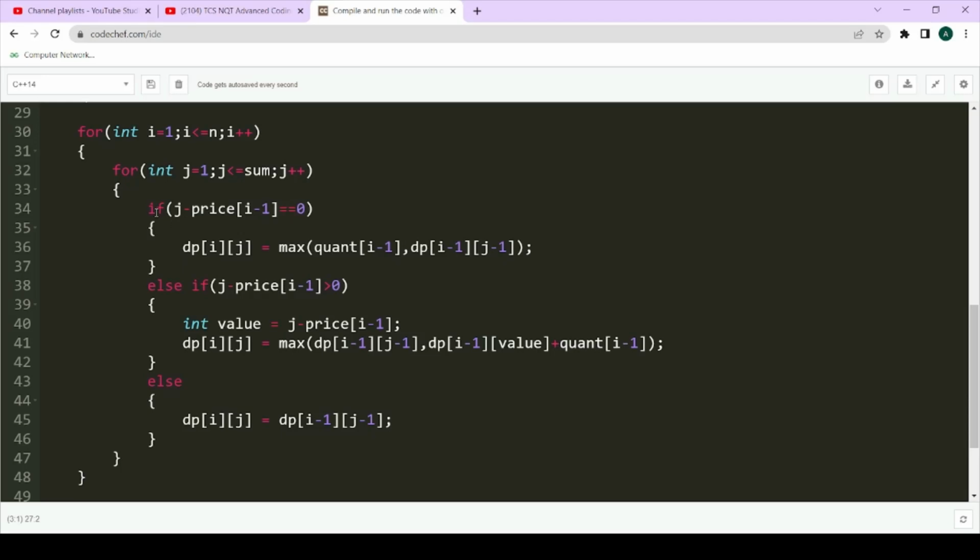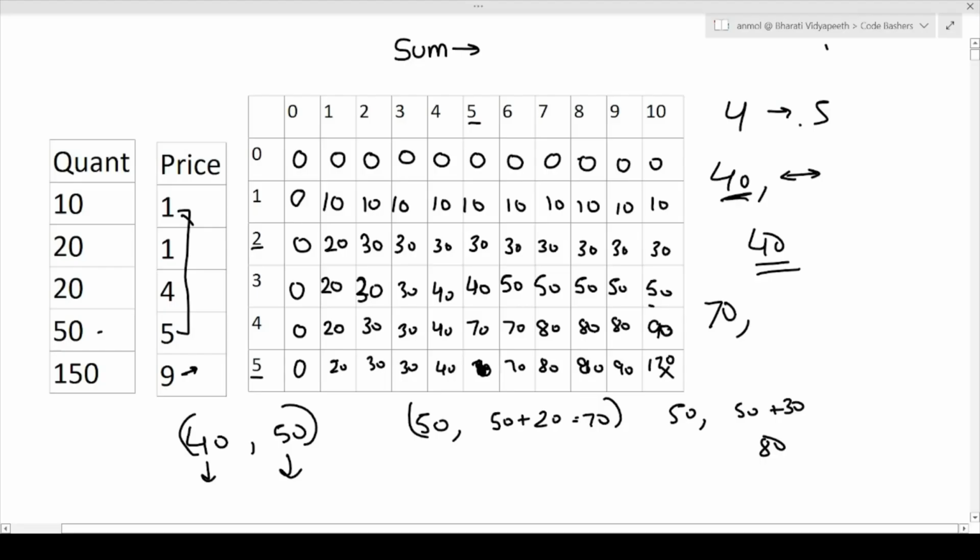So let's just suppose, if j minus price of i, where j represents the sum that is present with us at a particular time, if our money minus the price of the current item is equivalent to 0, it means that we can buy that item. But again, at every step we have to take two conditions: one, by ignoring that item, and next, by buying that item.